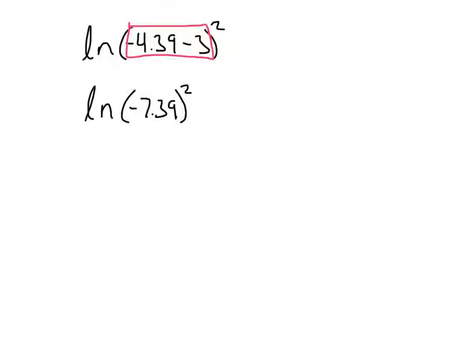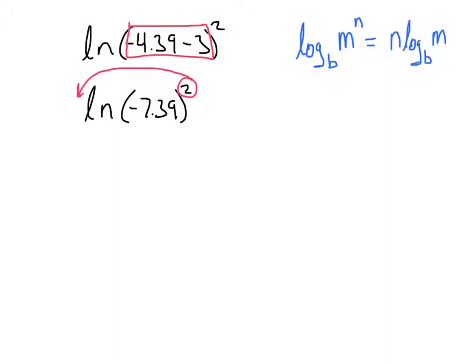Now, if you look back at the front page of your 7.4 notes, we had a property that said if we have log base b of m to the n power, that gave us n times log base b of m, right? Okay, so shouldn't I be able to take this exponent and throw it out in front?